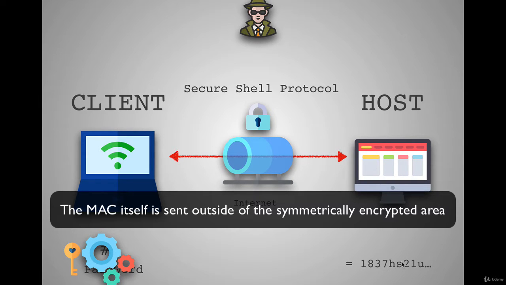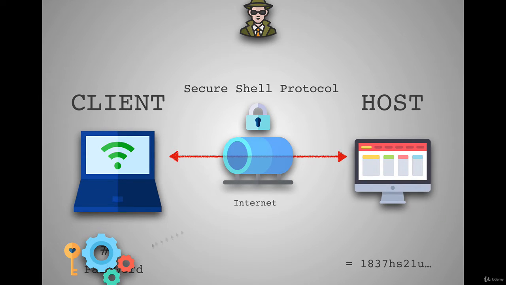But this means nothing, right? So how can the host check that the message hasn't been tampered with? Well, what they can do now is, because they have the same information, they can use their own symmetric key, which is the same as the client's. They can use the packet sequence number, again, which they both know. And then because this message was sent through SSH, they also have that message that was sent.